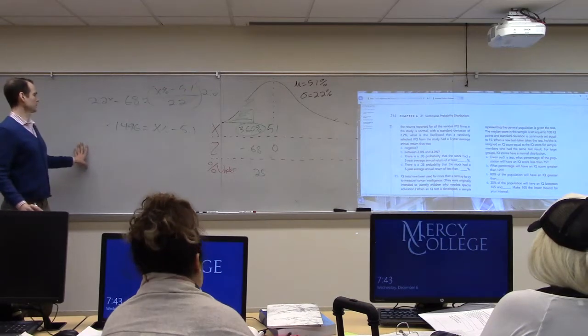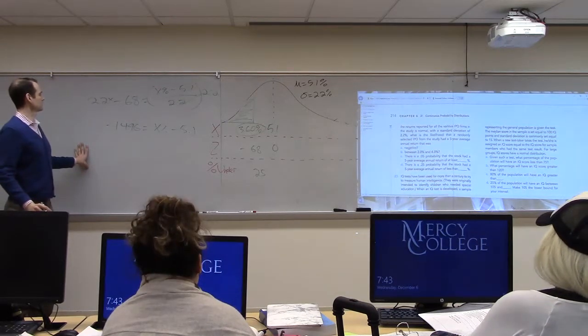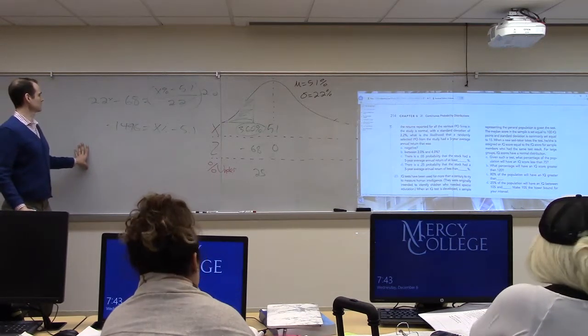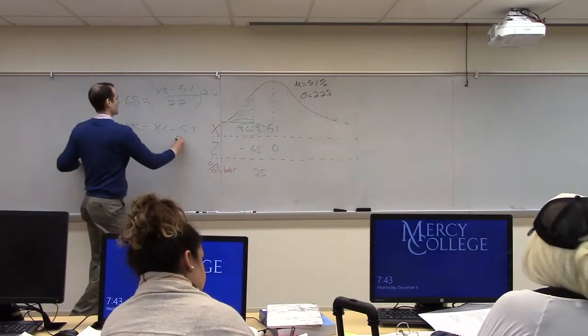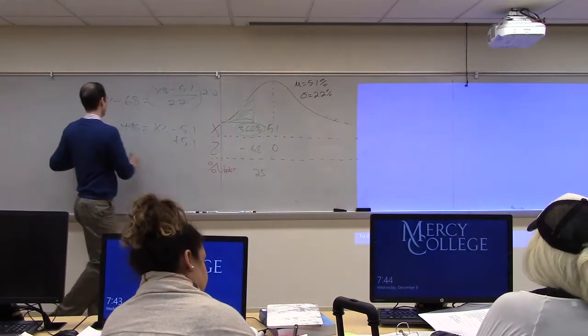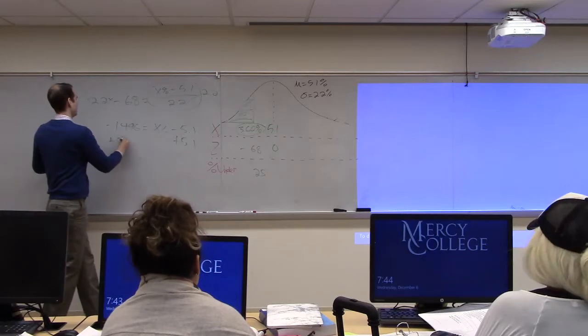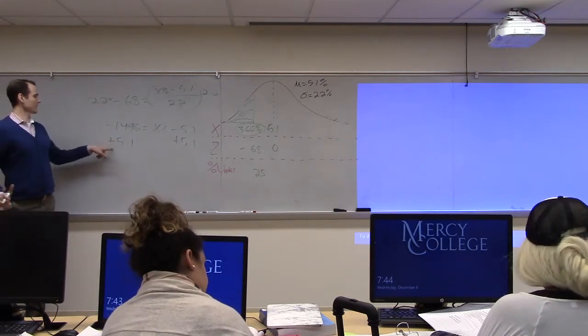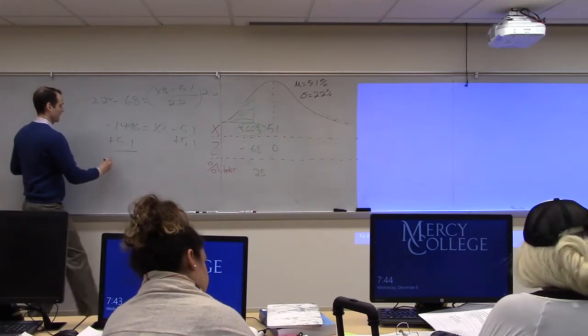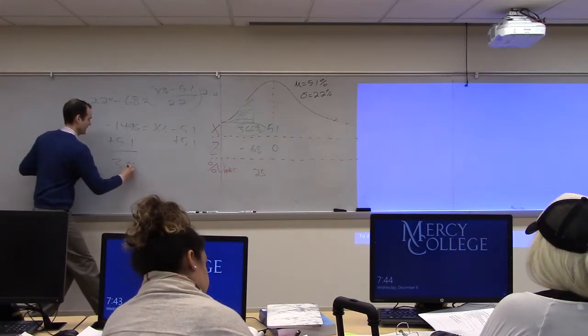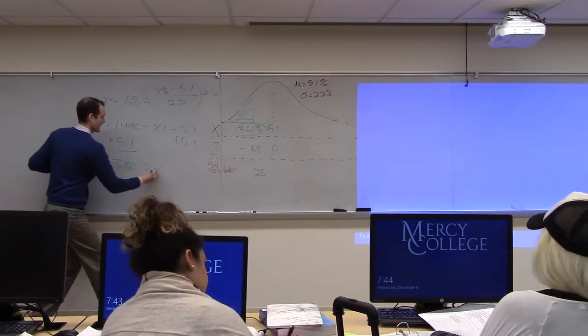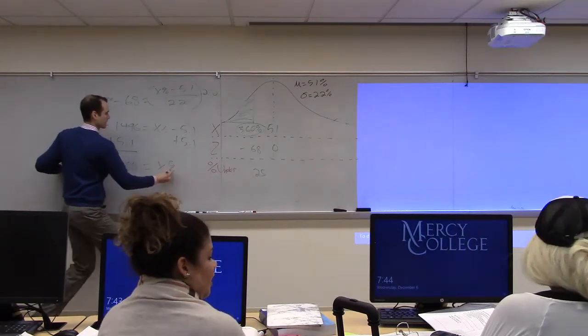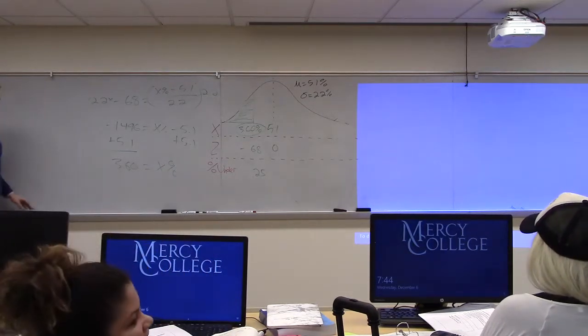Then you have to add 5.1 to both sides. So what's negative 1.496 plus 5.1? 3.6. So 3.6 equals X percent.